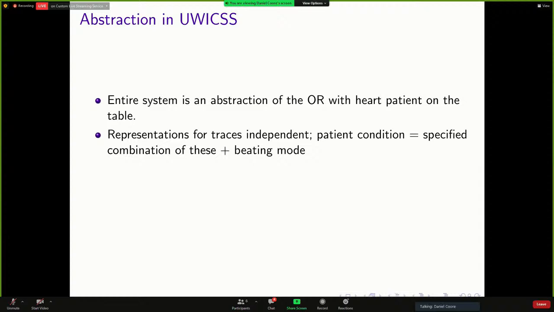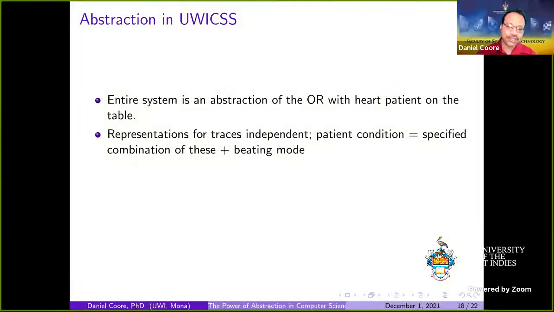And what I ended up having to do was abstract away the full space of conditions and reduce it to the things that could be observed. So that was an example of how I used my discipline to help me understand another discipline.